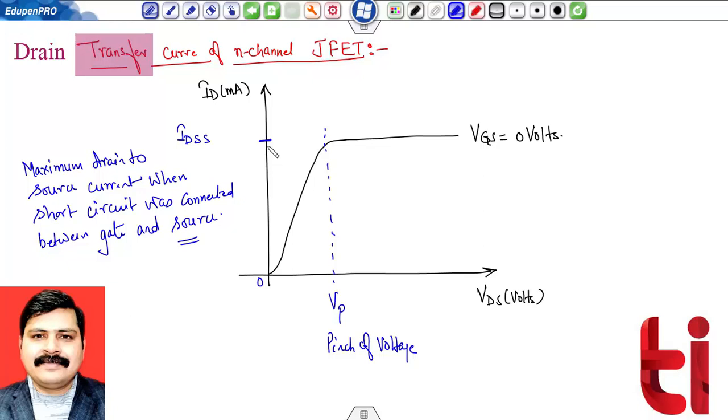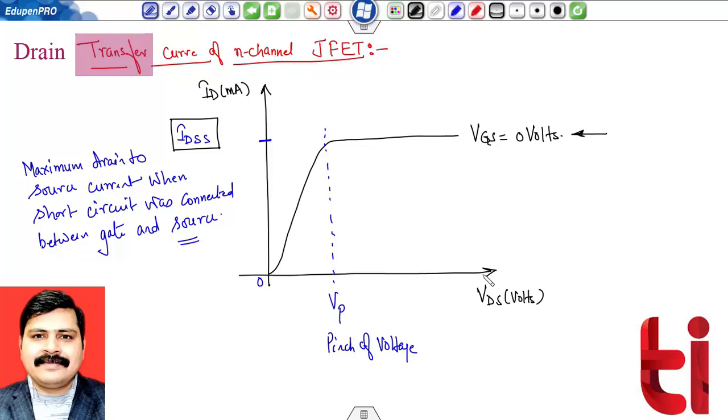Meaning that for a junction field effect transistor, the maximum amount of drain current is nothing but my IDSS. This is one of the interesting specifications for a junction field effect transistor: what is the value of IDSS? And we have calculated this value when VGS equals 0 volts.